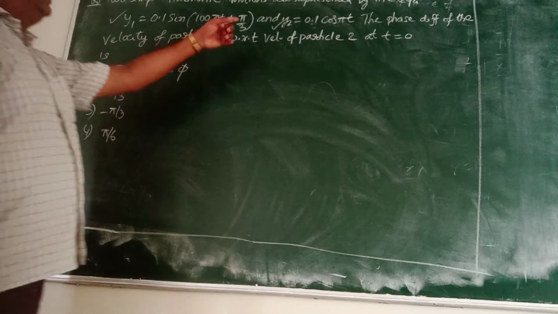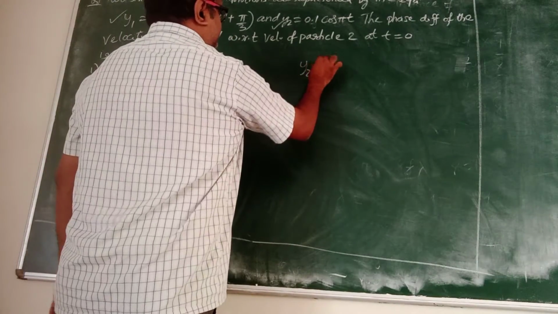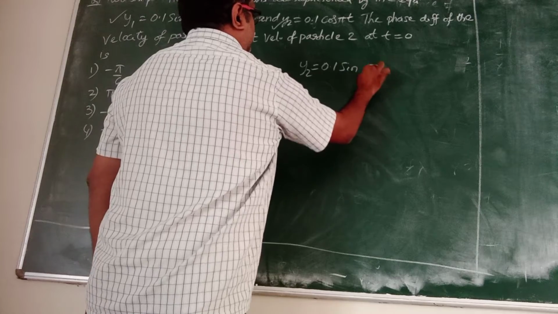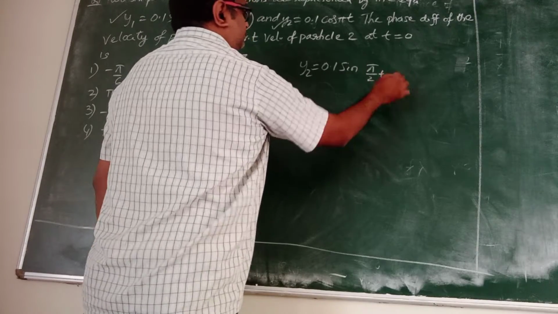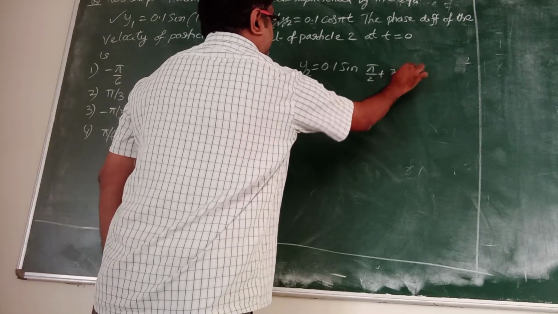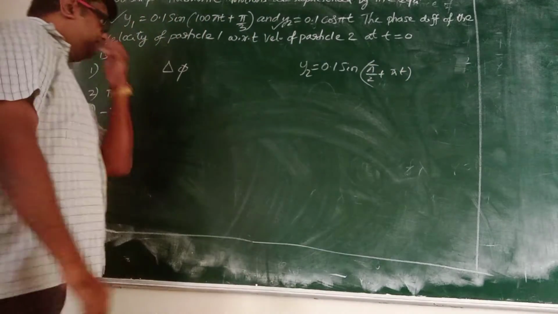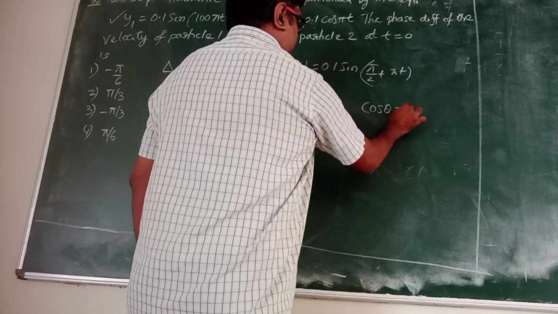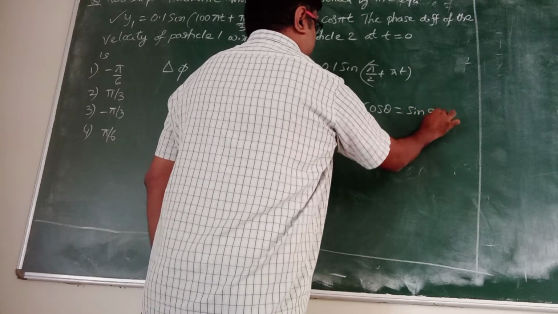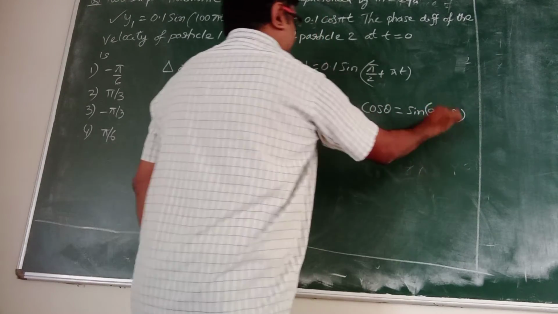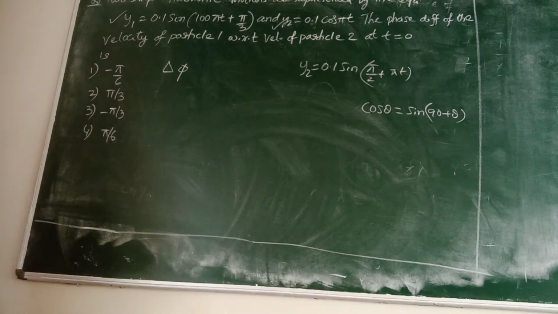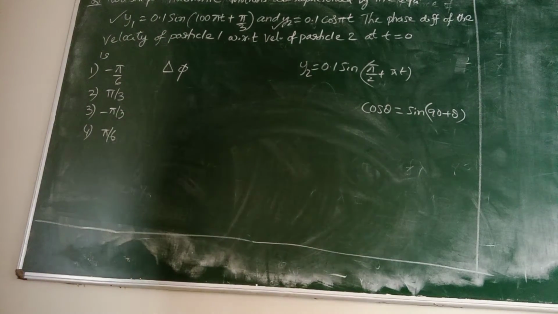So let us write the second equation as 0.1 sine of (pi by 2 plus pi t). Okay. Why am I writing like this? Cos theta is equal to sine of 90 plus theta. 90 plus theta is in the second quadrant, so sine is positive there. Okay.